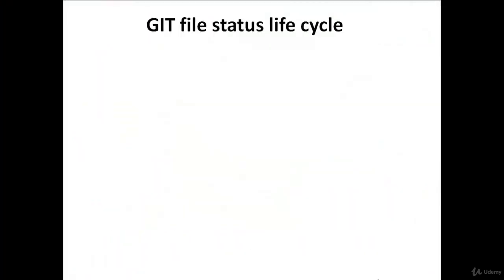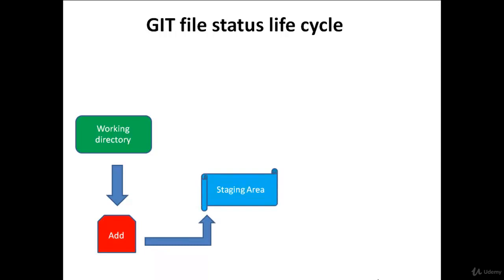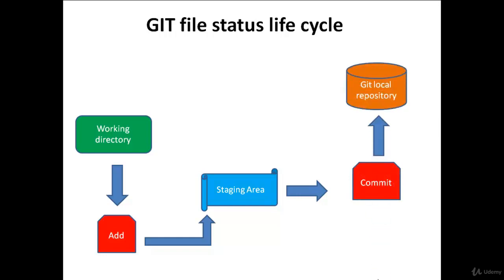Whatever we have seen so far, we have a working directory, in which we have added the files in which we have written the code. Those files are then taken to the staging area, right? From there we commit these files, and then they are taken to the Git local repository, right?